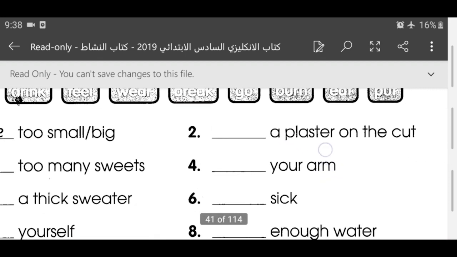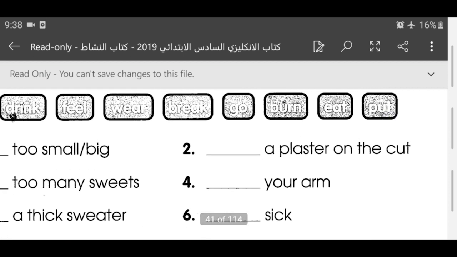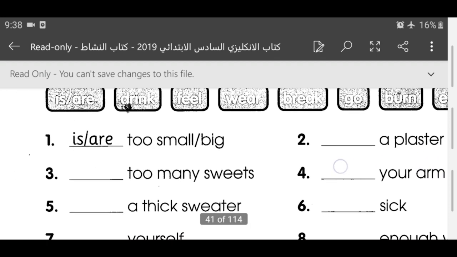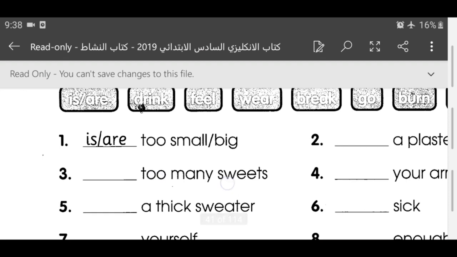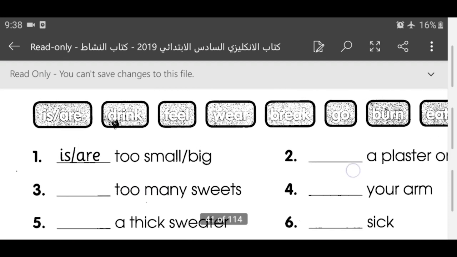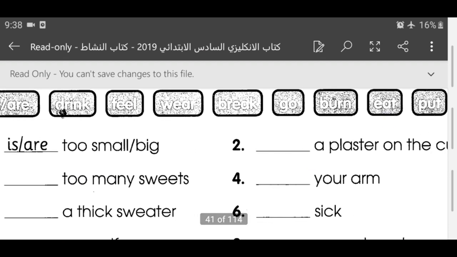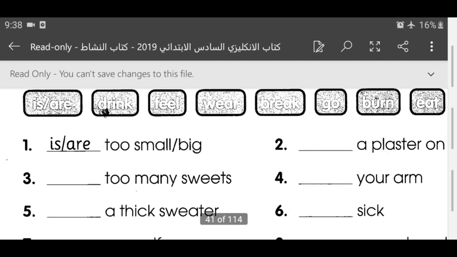Number 2. A plaster on the cut. We choose the verb put, a plaster on the cut. 3. Too many sweets. Eat, eat too many sweets.